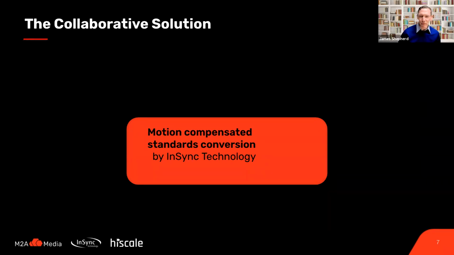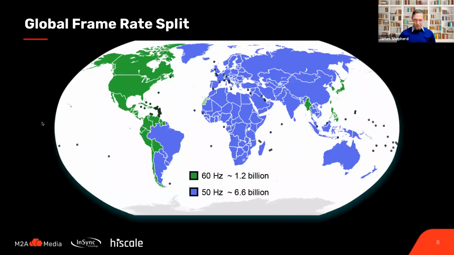Absolutely. If we can start on this very simple slide that really introduces the topic. From the outset of television, the world has been divided into those territories that produce and distribute their content at a normally 60 hertz rate versus those that do the same at 50 hertz.